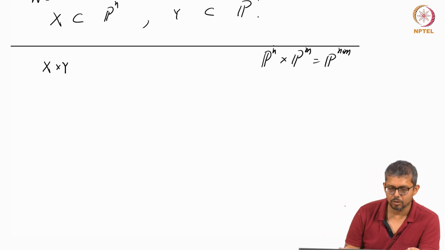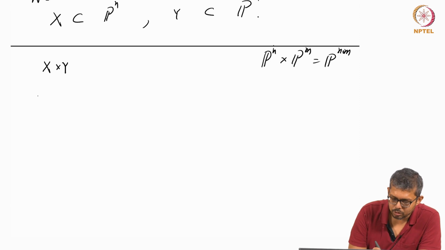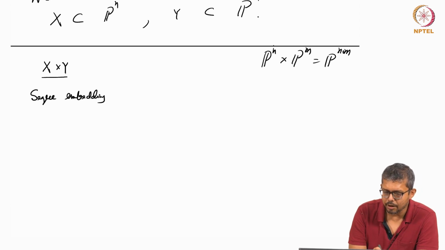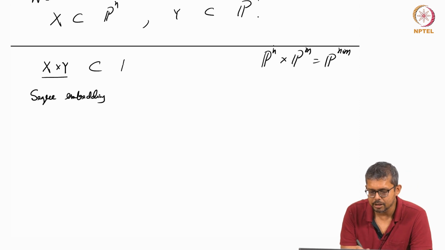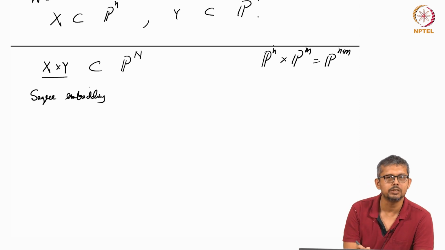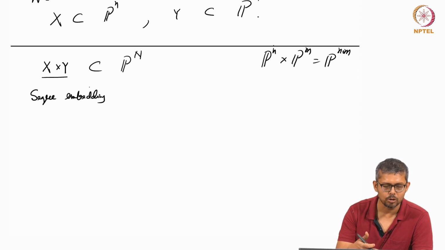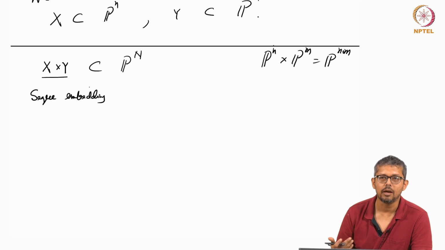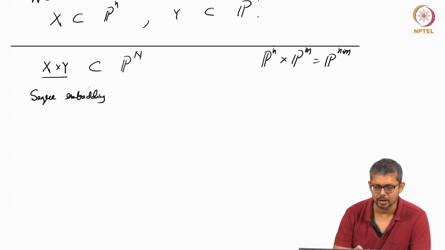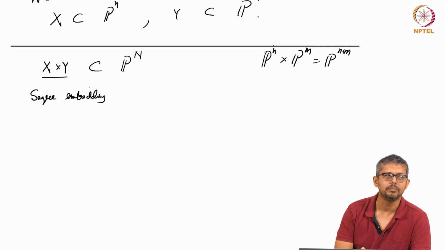So what I want to do is see X cross Y in some bigger projective space as a closed subset, and closed subset means given by some homogeneous polynomials in n plus 1 variables.